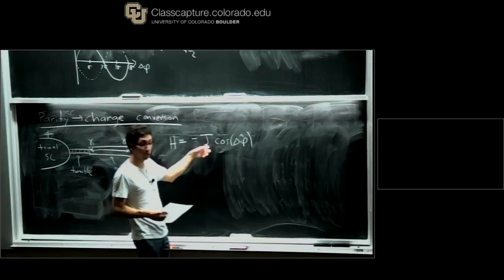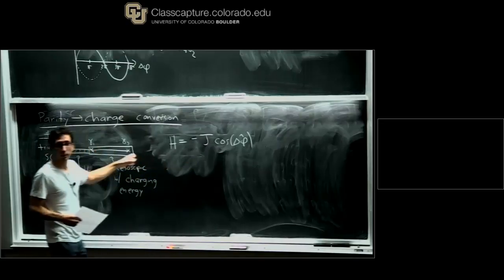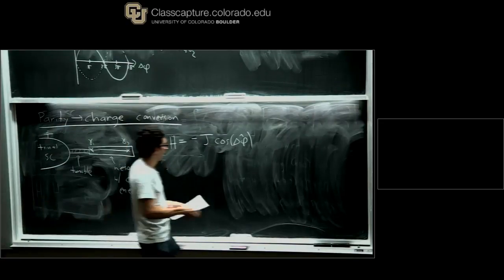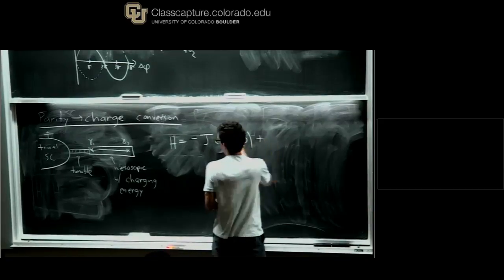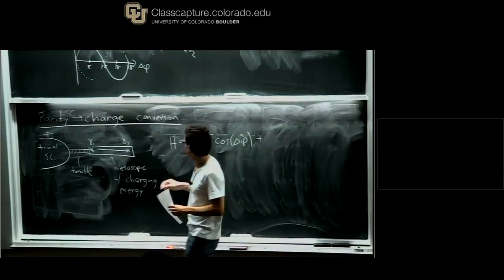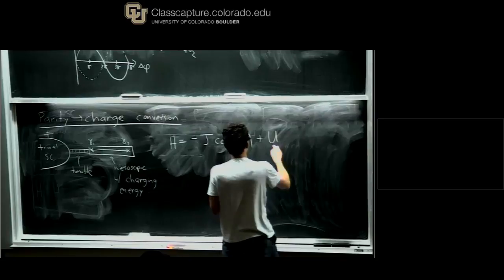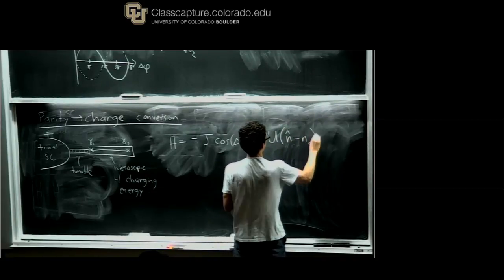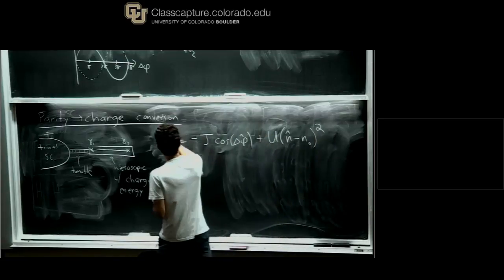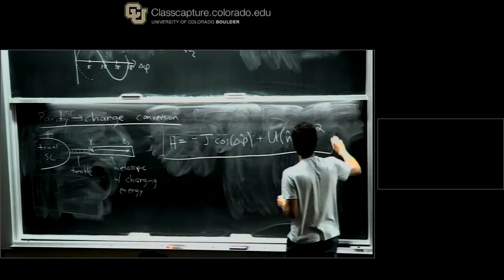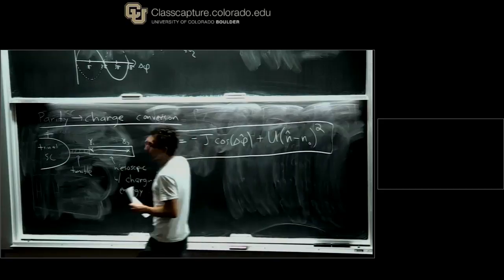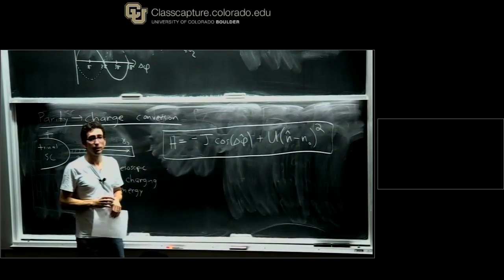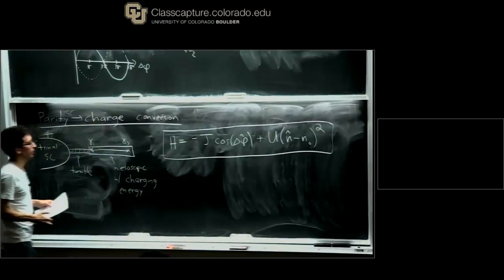And I'm assuming that I have the ability to tune J by controlling the height of that barrier. That's a Josephson coupling, and I'm also going to include a charging energy term, which I'll write as U times (n hat minus n0) squared. So you haven't seen Hamiltonians like that in the school so far? Okay, I thought you had.